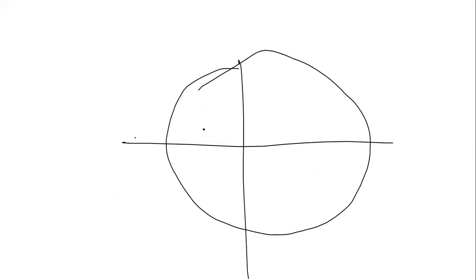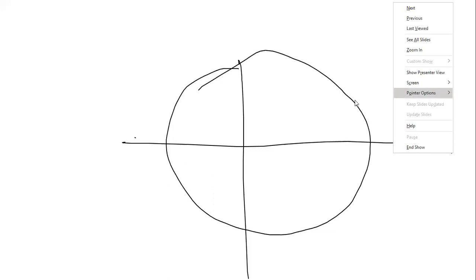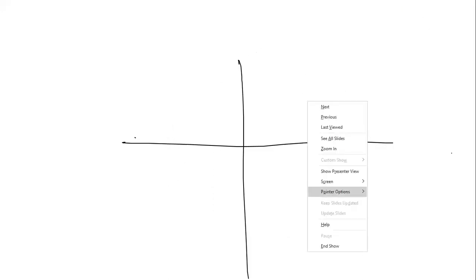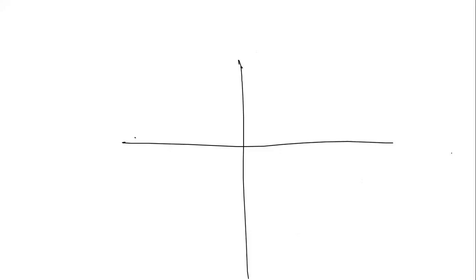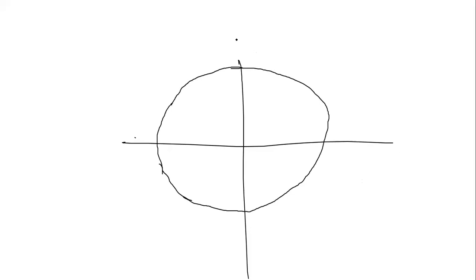So again here, let us draw quickly. There is a circle. It should be something like a circle. Okay, I think this is better.